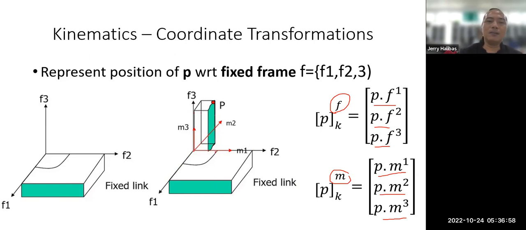They will be equal if M1 is aligned to F1, M2 aligned to F2, and M3 aligned to F3. Agree, disagree? But in this case, they are not aligned, so they are not equal.